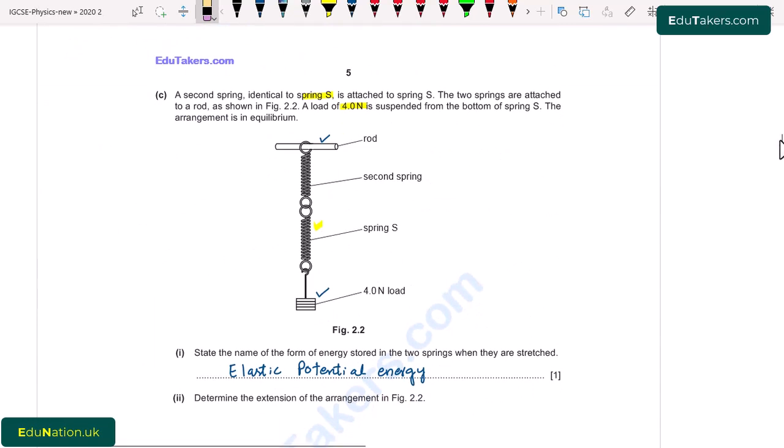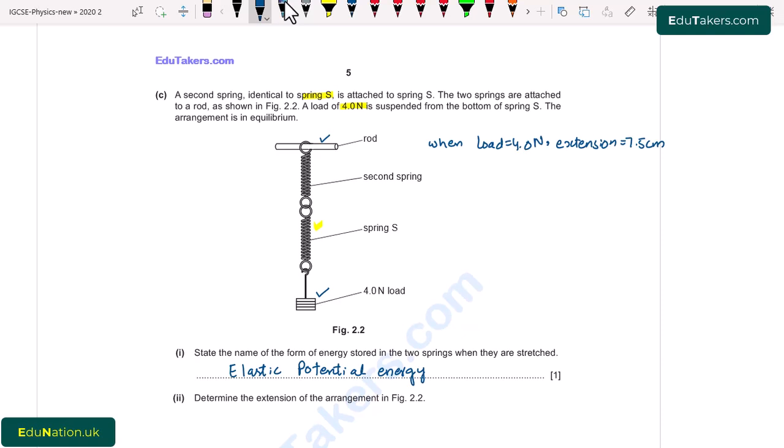When load is equal to 4 newton, corresponding extension will be equal to 7.5 centimeter. Now you can see here that these are two springs, and this value of extension is for a single spring.